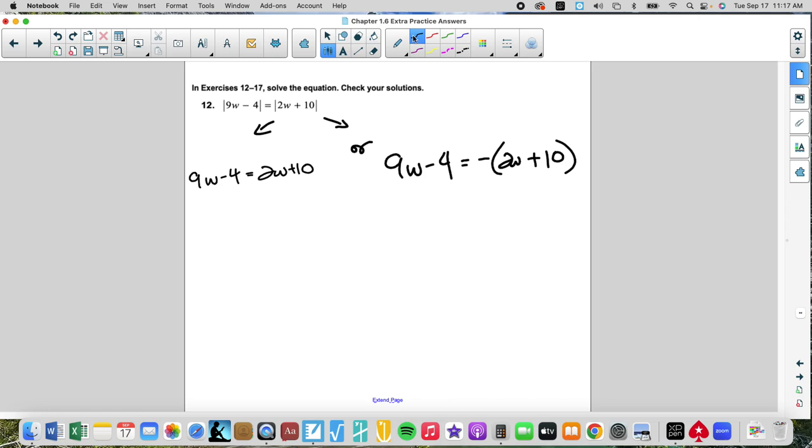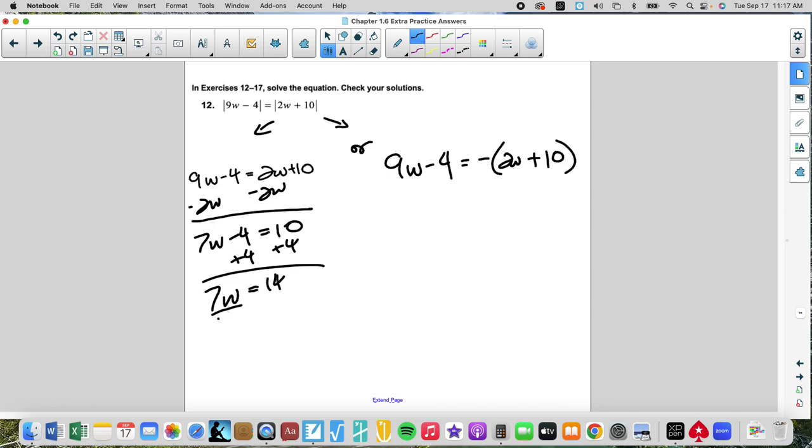So we can just move the variables. Always move the variables first. We'll add 4, 7w equals 14, divide by 7, w equals 2. And now here we have to distribute because we want the opposite distance.